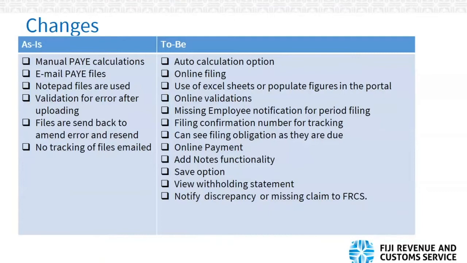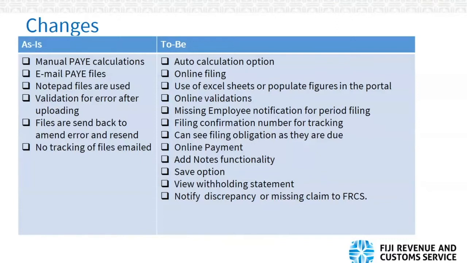And then, currently in the as-is, there is no tracking of files. If you email a file, we receive it, we'll upload it. But sometimes you are not aware if your file has been successfully uploaded or not. So in the to-be, you will get a filing confirmation.